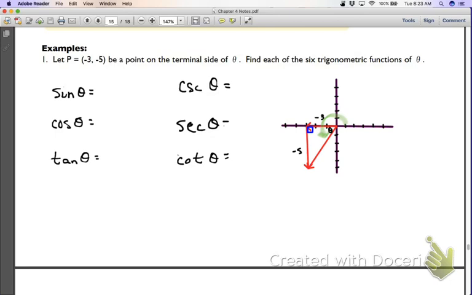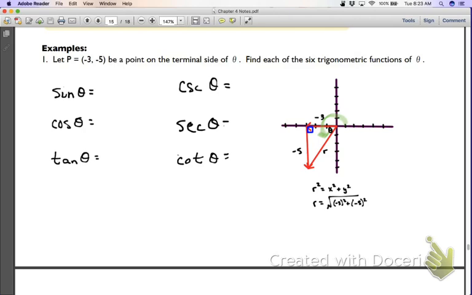It's going to do the same thing. If you're looking for r, r squared is just equal to x squared plus y squared. It's the same thing if we do the square root of (-3) squared plus (-5) squared.